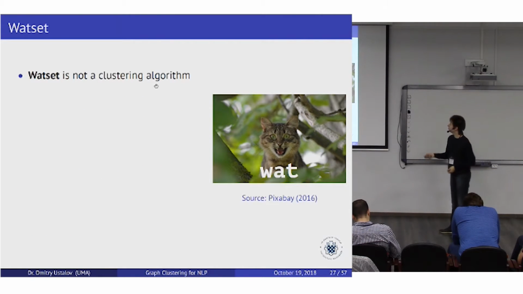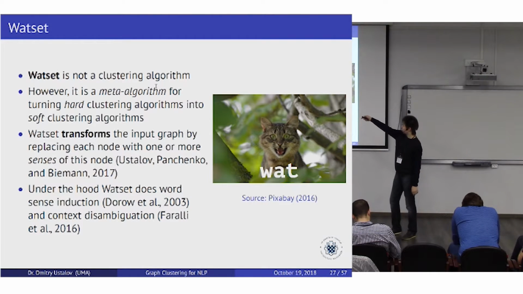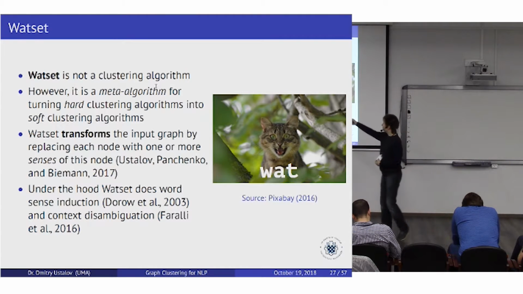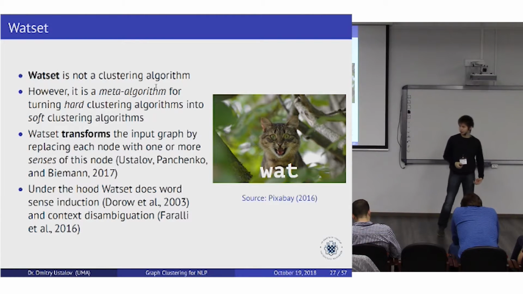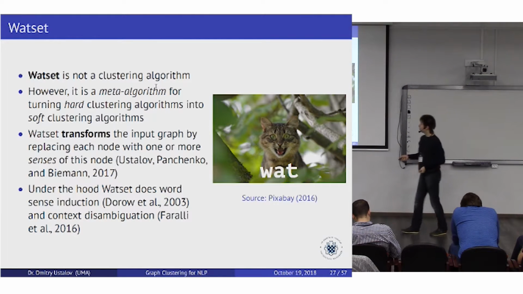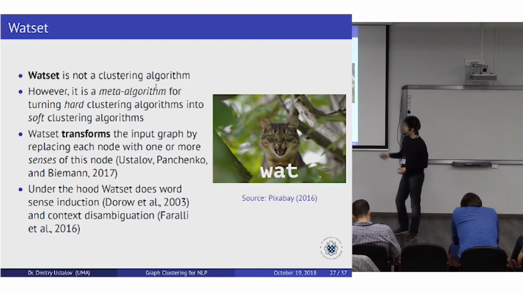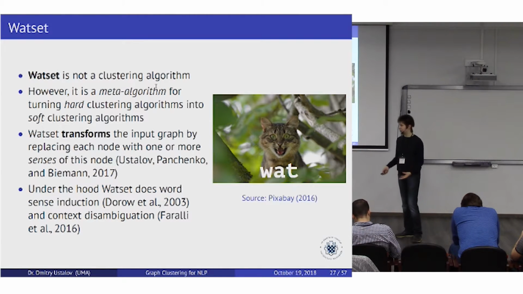So what is WATSET? WATSET is instead a meta algorithm, which doesn't do clustering. Instead of clustering, it constructs another representation of the input graph. And in this representation, you can reuse the existing hard clustering algorithms, the very efficient, the very clever algorithms, to get soft clustering out of nothing.